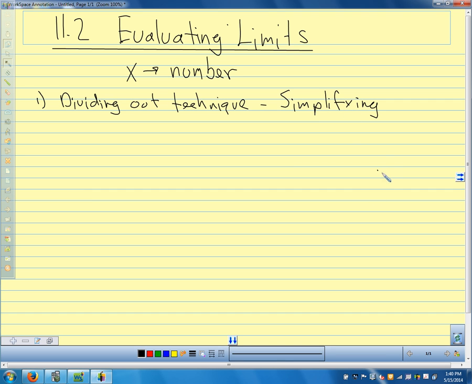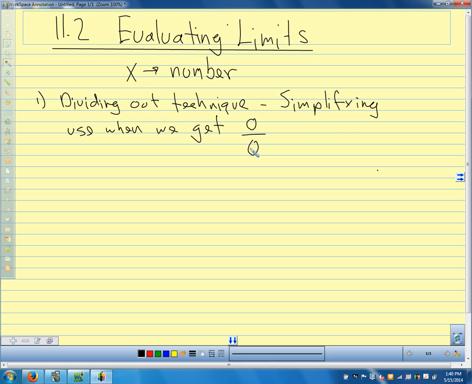What we're going to do for this particular technique: we have the limit as x approaches something, and when we plug that number in, the x value that we're approaching, we get 0 over 0.